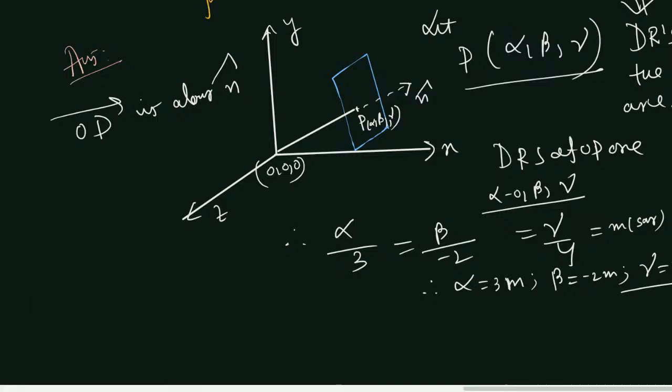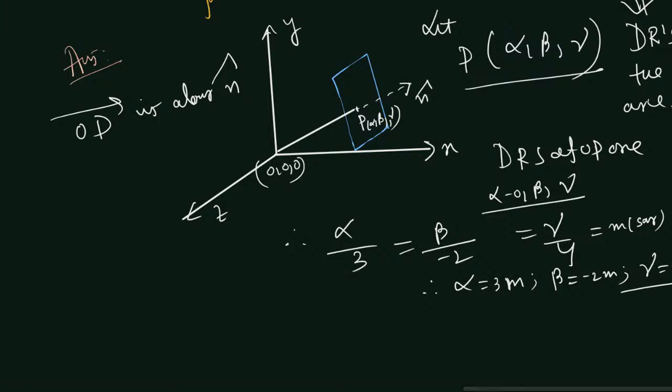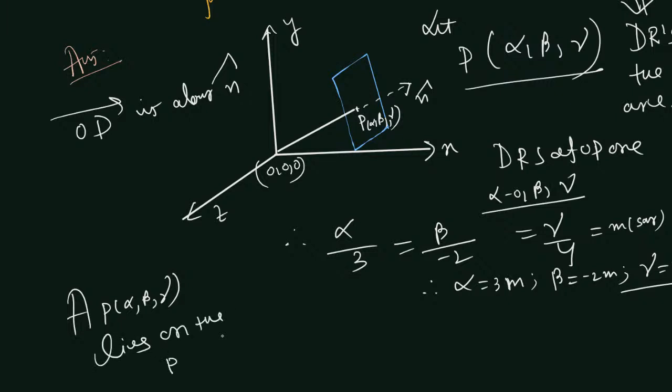Now the equation of the plane is this, and these 3 points will be lying on it, as P alpha, beta, gamma lies on the plane, so it will satisfy.